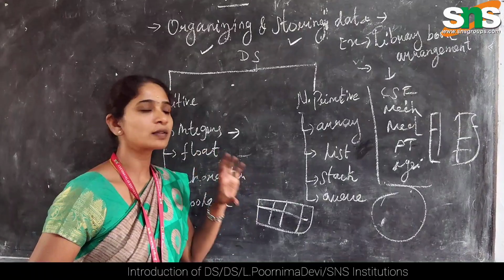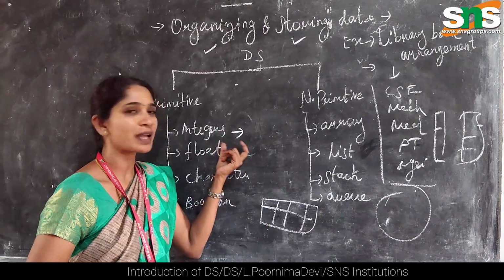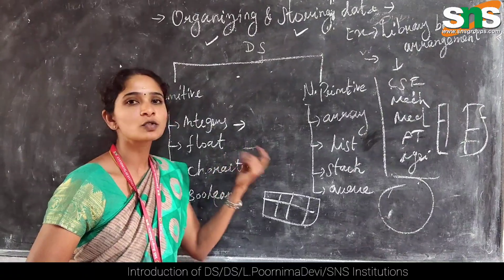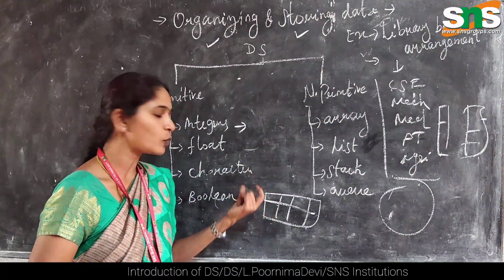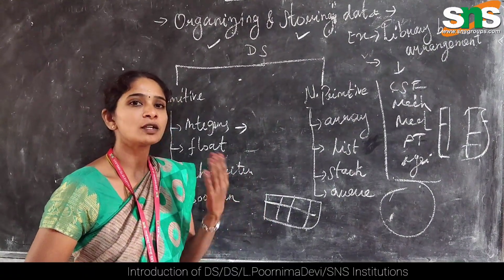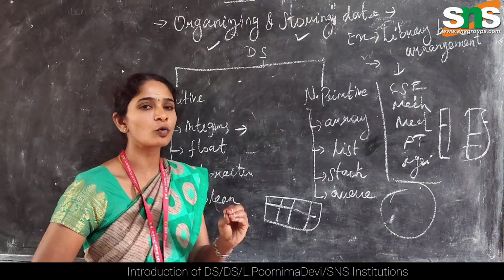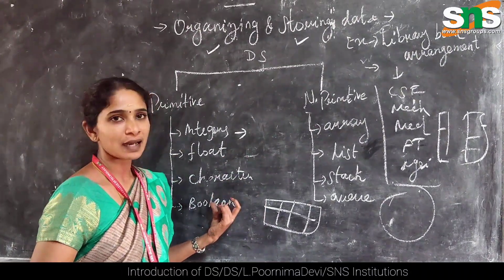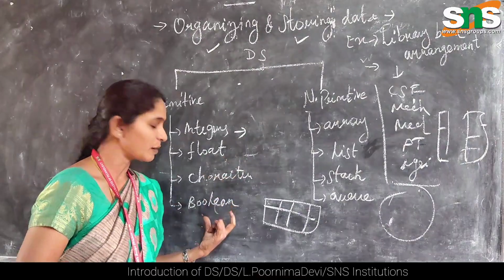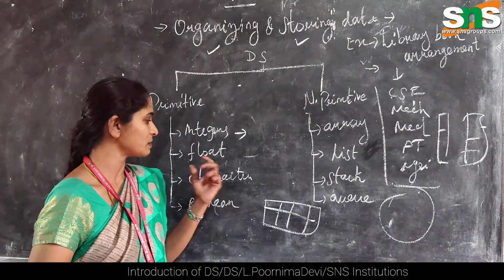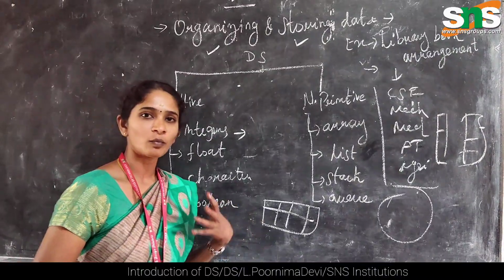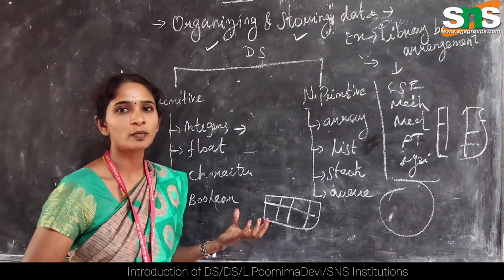Float means we store floating values. Character and boolean store a true or false value in a variable. You are familiar with these data types: integer, float, char, boolean.